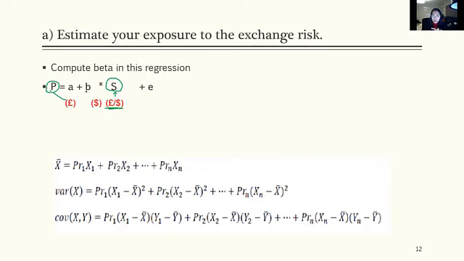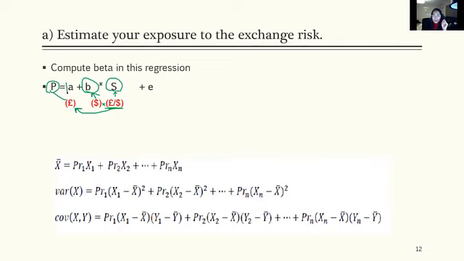So this regression would tell me the sensitivity of the asset value to the exchange rate, and that is given by the beta coefficient here in my regression. The unit of the beta is the dollar, because if you multiply these two, you will get a pound value.